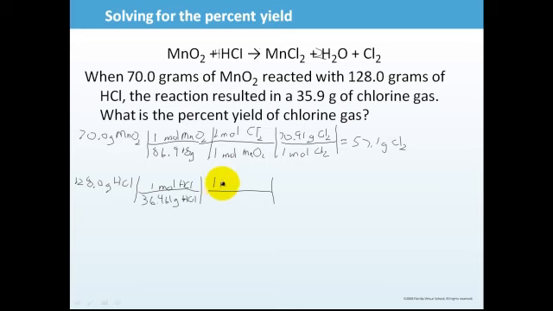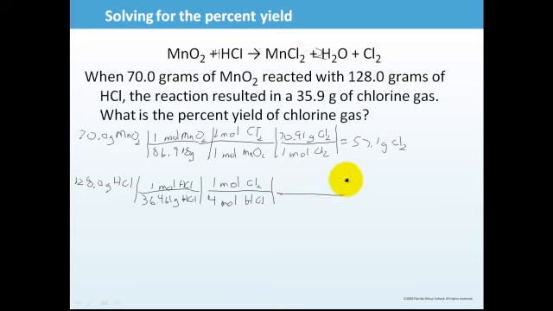So on top, we've got the 1 mole of the Cl2, and then on the bottom we've got 4 moles of the HCl. Alright, so that's our mole ratio.